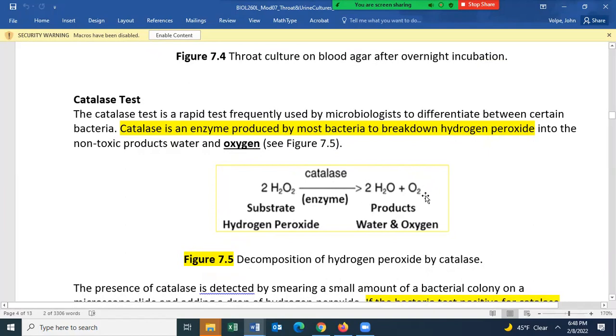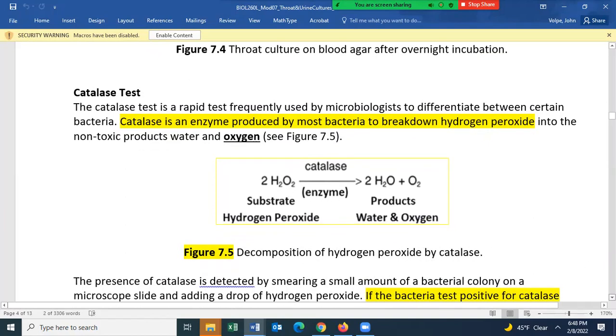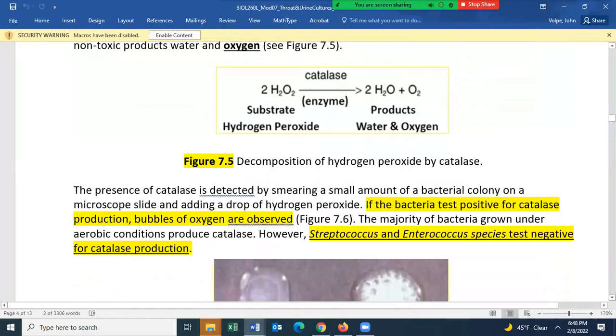And this creates bubbling, the oxygen in the hydrogen peroxide. If the bacteria are positive for catalase, oxygen and bubbles are generated. But Streptococcus and Enterococcus species are negative for catalase production. Any questions there?